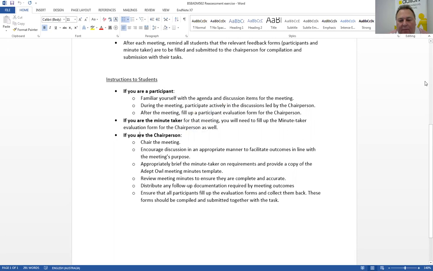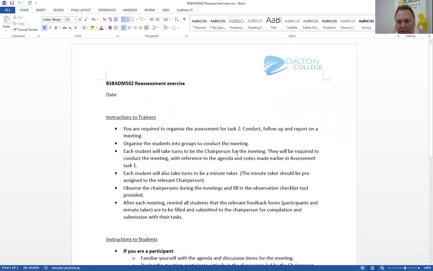Appropriately brief the minute taker on requirements and provide a copy of the DEPDAL meeting minutes template. Review meeting minutes to ensure they are complete and accurate. Distribute any follow-up discussion required by meeting outcomes. Ensure that all participants fill up the evaluation forms and collect them back. These forms should be compiled and submitted together with their task.